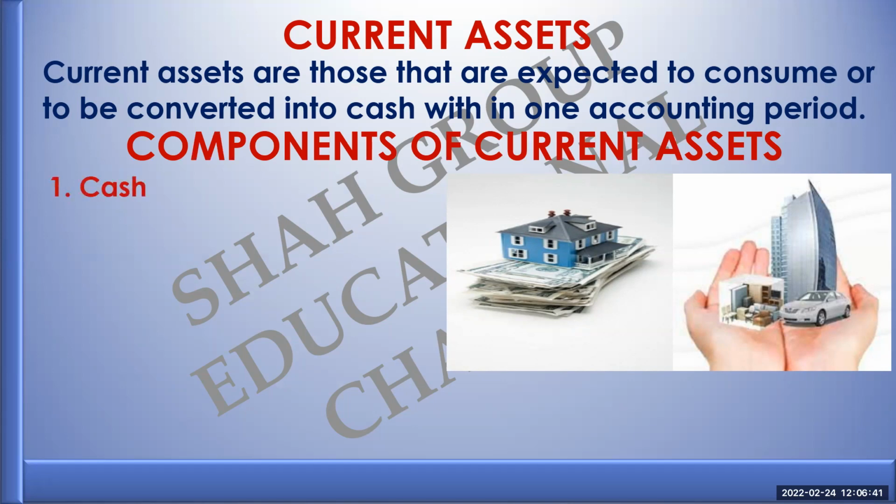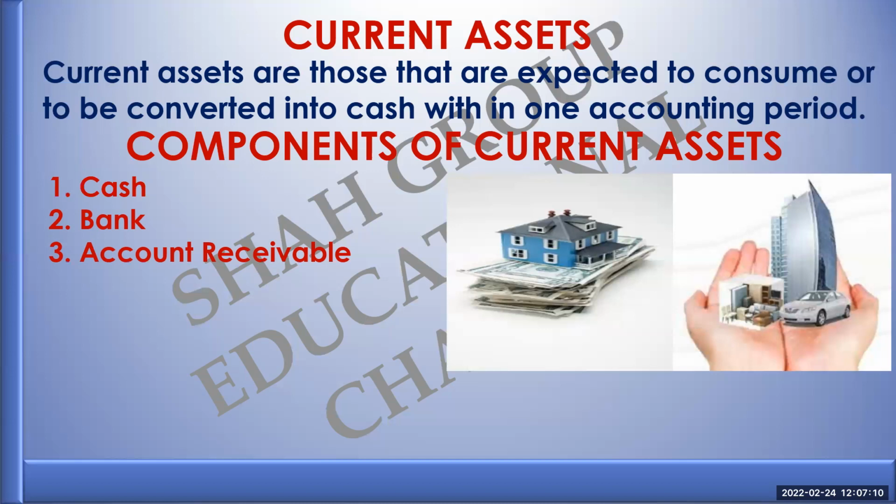Okay, let's have some examples of current assets. The first and foremost example of current asset is cash. Beta, cash refers to cash in hand. The second example of current asset is bank. Bank refers to cash at bank. The next example of current asset is accounts receivable. It refers to the collection from customers as the result of selling goods or services on credit.